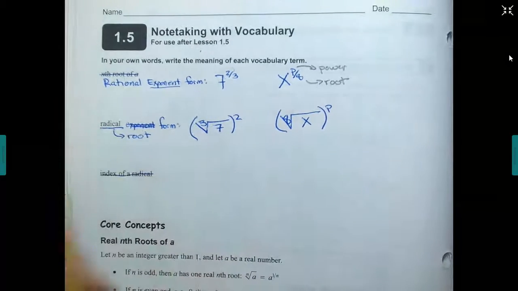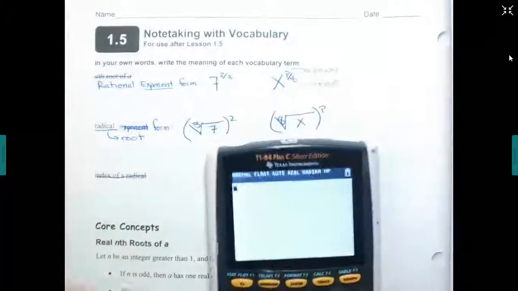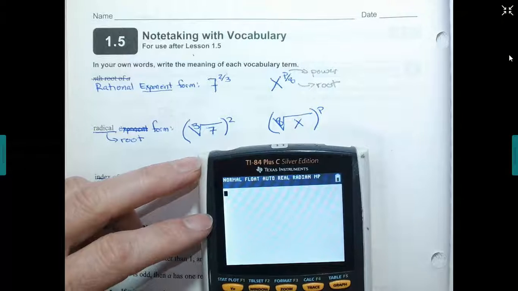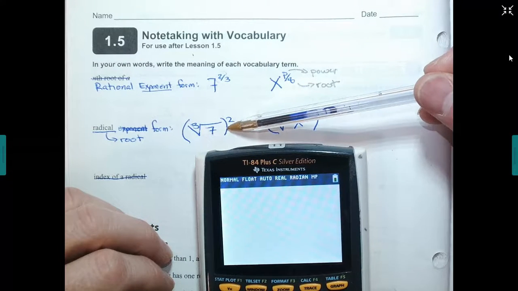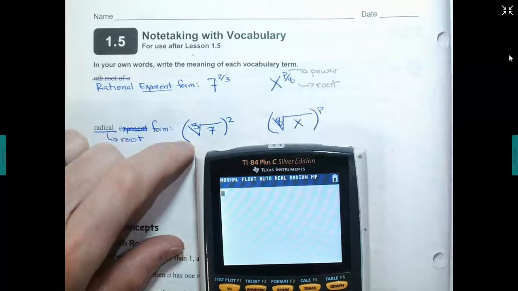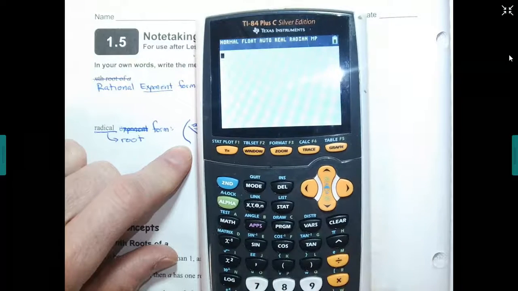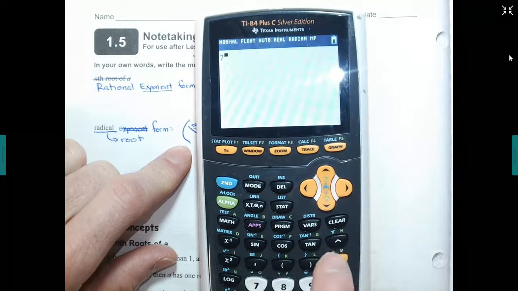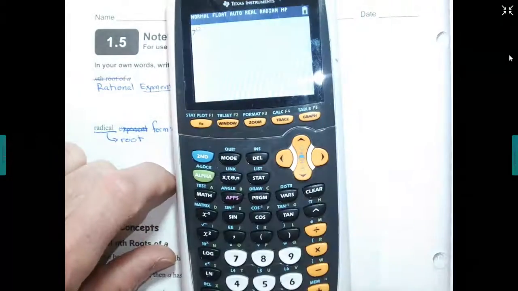Now, one of the things to note is it's a good skill to know because on some calculators, it would be really difficult to write it this way. But if I know how to rewrite this in the radical form, then I can plug it into my calculator by doing 7 to the exponent of, what did I say, 2/3.